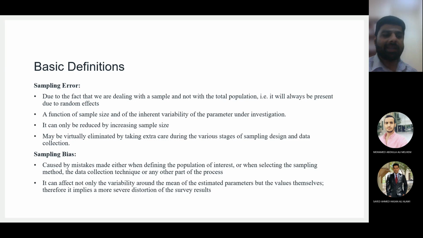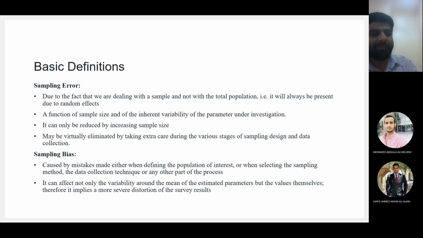And secondly, the variability of the parameter. Your purpose of collecting the data is to find out the number of trips. If there is more variation in the number of trips of different people of the population, then sampling error will be higher.